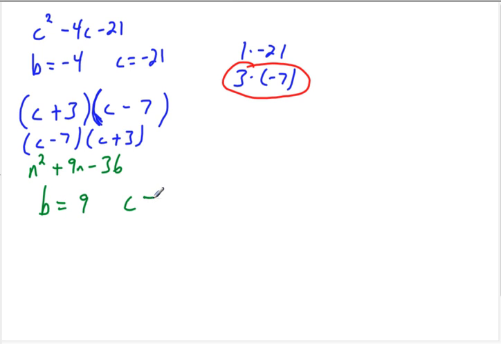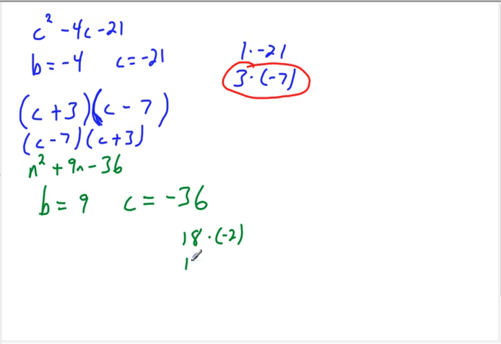Moving on, we have a B of 9. We have a C of -36. I need a positive and a negative here. Positive has to be bigger, so let's try 18 and -2. We could try... not 9. 1, 2, 3.